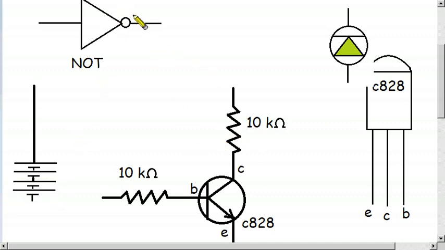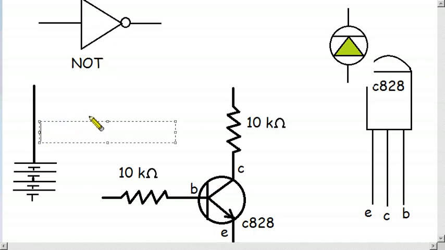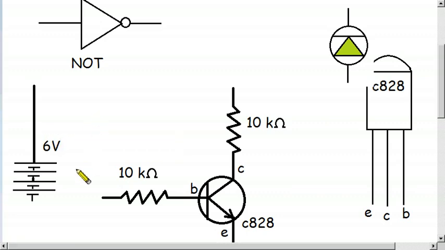Because this is a digital logic circuit, you need 5 volt, but you can do even using 3 volts, but the standard voltage is 5 volt, therefore you need 6 volt.